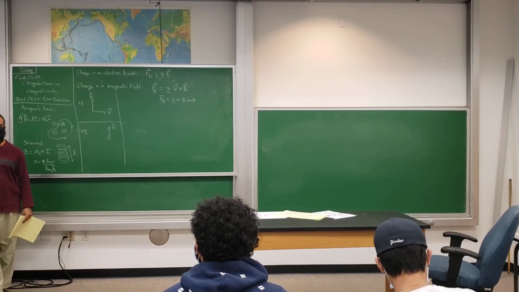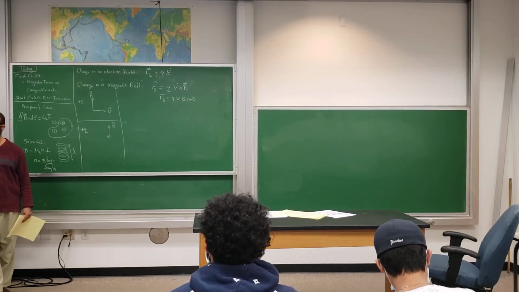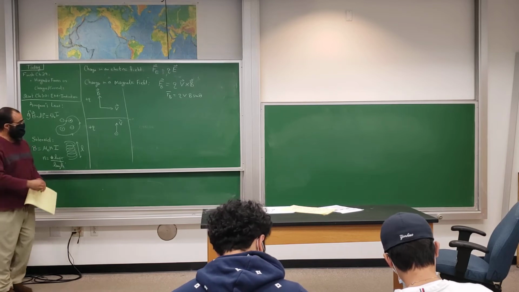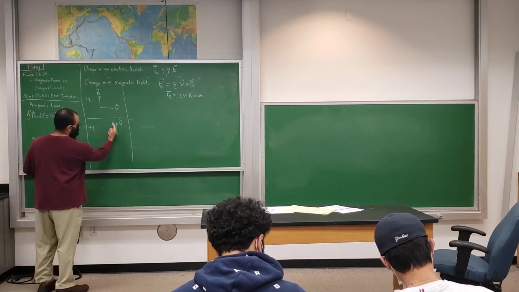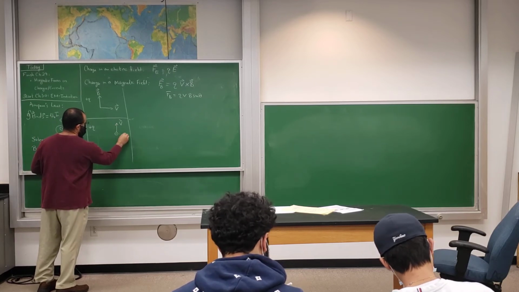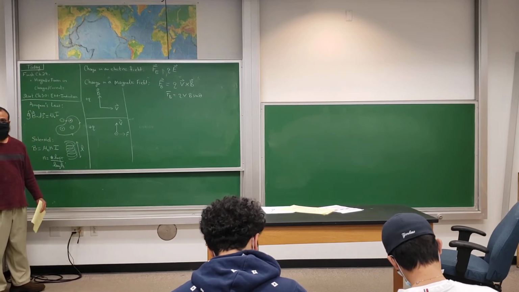To the right. I agree with that, because B is this way, V is this way, so curl your fingers from V to B. That gives you the force to the right. Okay, sounds good.